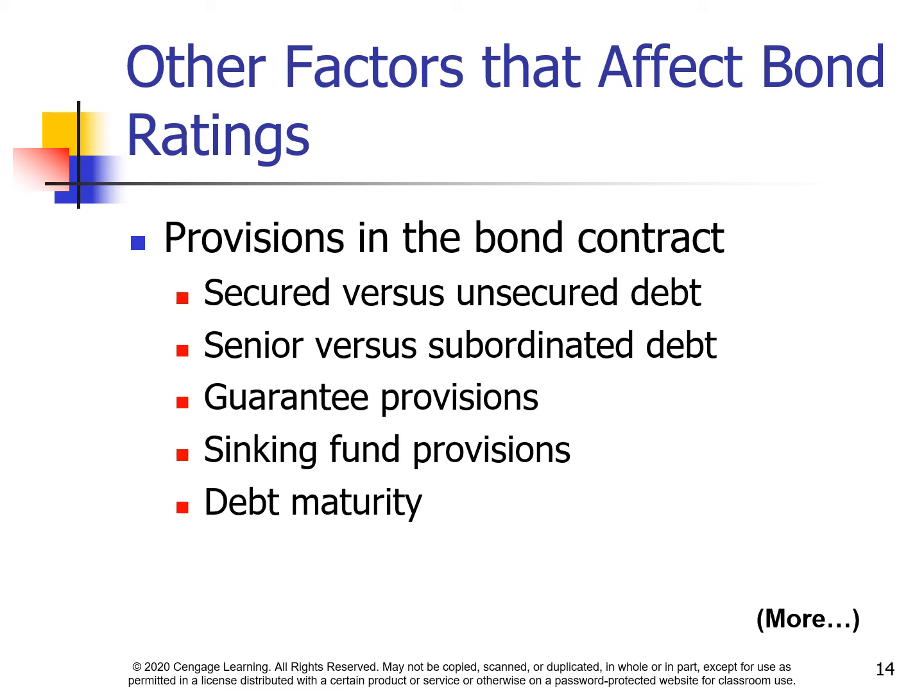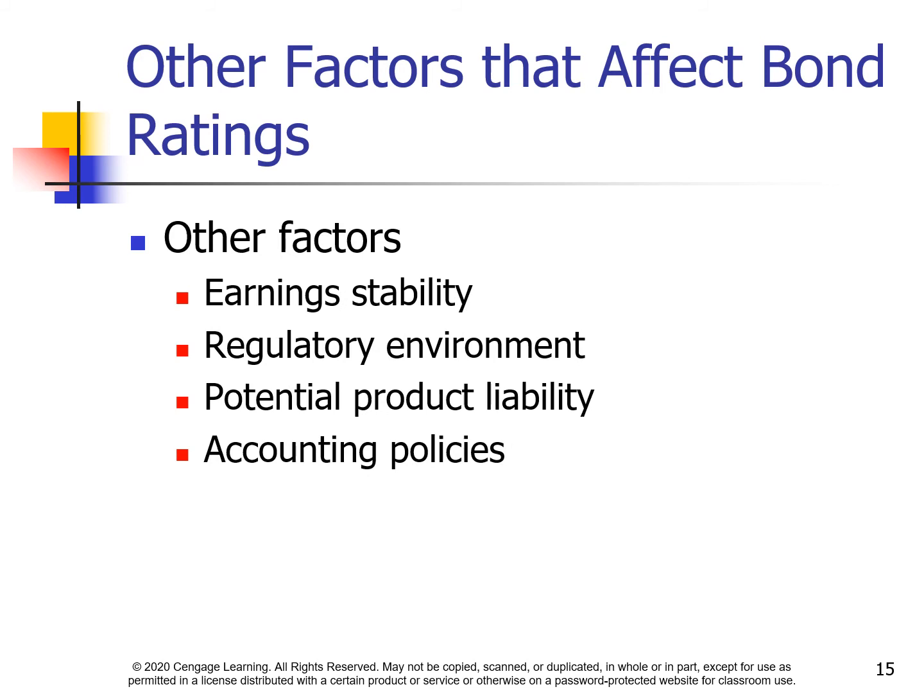Other factors affect bond ratings, such as provisions in the bond contract, for example, secured versus unsecured debt, senior versus subordinate debt, guarantee provisions, sinking fund provisions, and debt maturity. Other factors include earnings stability, regulatory environment, potential product liability, and accounting policies.